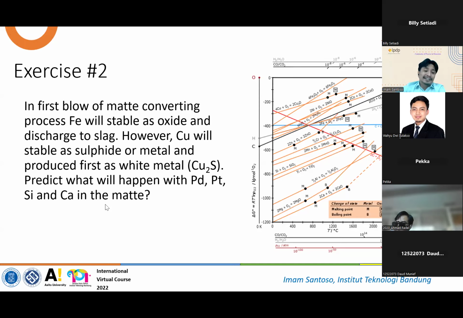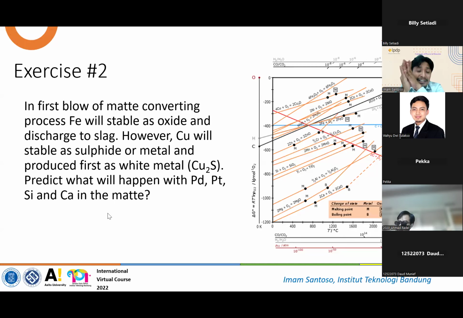Okay, guys? At this condition, imagine I have the condition of the first blowing of matte. I adjust the temperature, I can adjust the oxygen partial pressure.